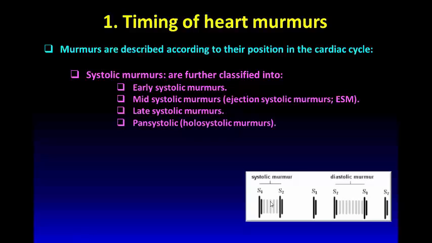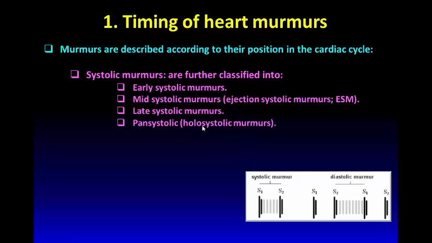Systolic murmurs are further subclassified into early systolic murmurs, mid-systolic murmurs, which are also known as ejection systolic murmurs. ESM means ejection systolic murmurs. And we have late systolic murmurs and pansystolic or holosystolic murmurs, where the murmur extends throughout the entire ventricular systole.